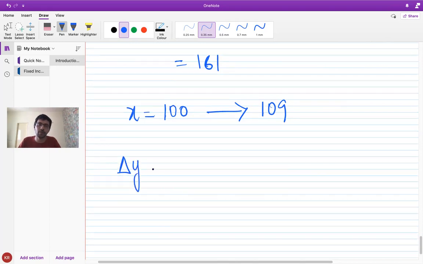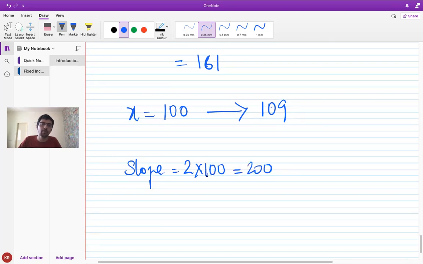Now if we apply the formula, firstly let's calculate the slope. The slope is going to be 2 into 100, which is equal to 200. The slope is dy by dx. We calculated dy by dx as 2x, and therefore the slope is equal to 200.